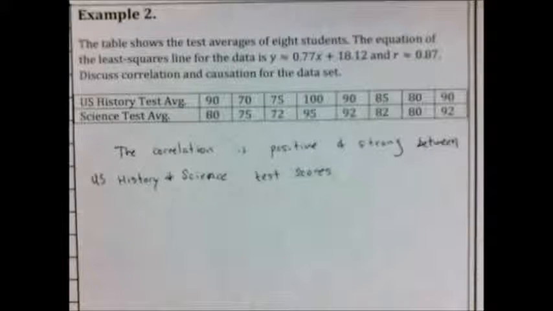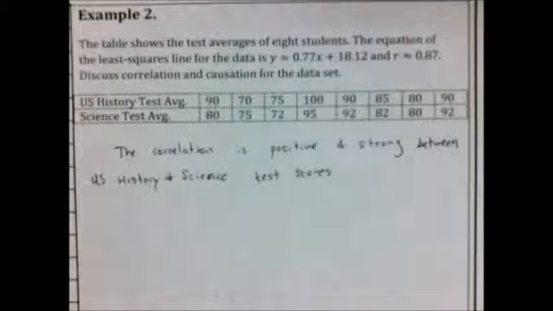Now, the causation part of it. Causation is asking, is there some sort of cause and effect here? If you do well on a U.S. history test, are you going to do well on a science test? If you do well on a science test, are you going to do well on a U.S. history test? Our answer to causation for this is there does not seem to be causation. Just because you do well on a U.S. history test doesn't mean you're going to do well on a science test, right?